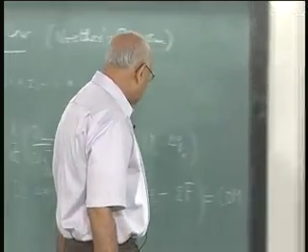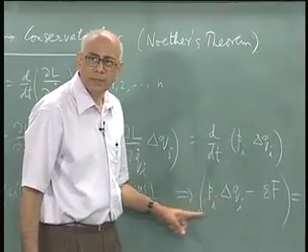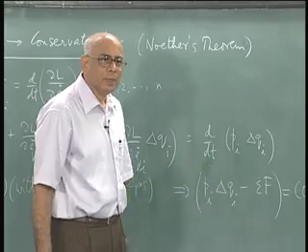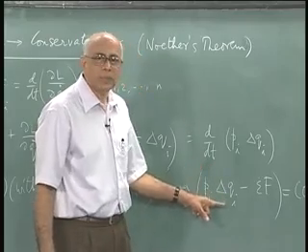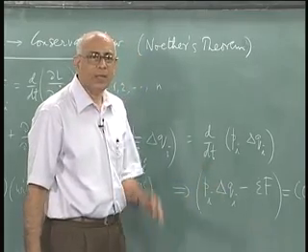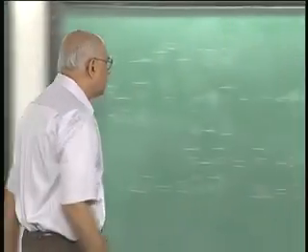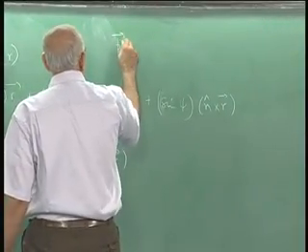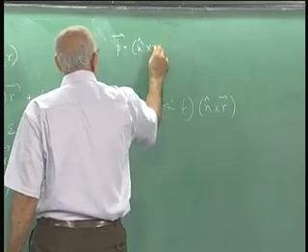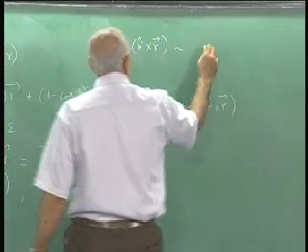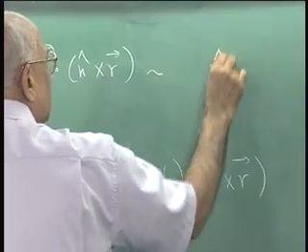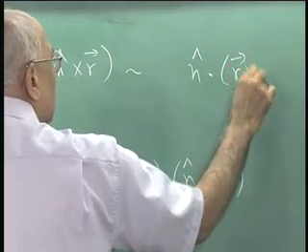So what is the constant of motion here? You have only this, and this is p dot delta r, and you remove the epsilon, it is true for every epsilon. So what is the constant of motion? It says p dot n cross r, which is also equal to n dot r cross p.